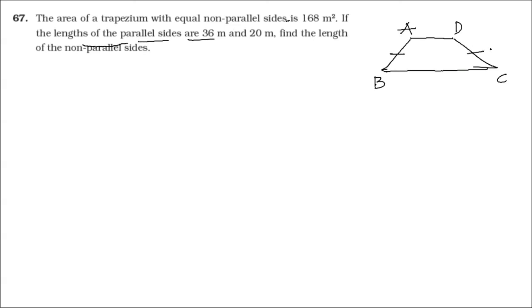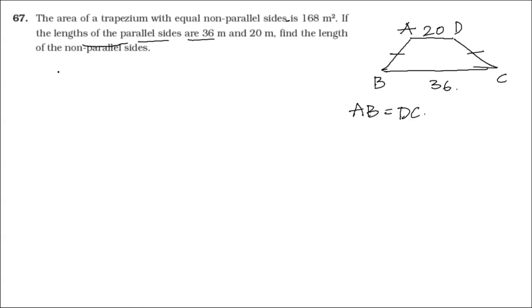These are the non-parallel sides, they are equal. Given is AB is equal to DC, this is known to us. And these are the parallel sides, one is 20, other is 36. Our question is to find the non-parallel sides.